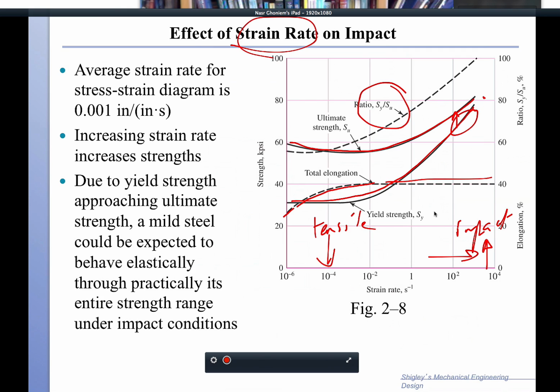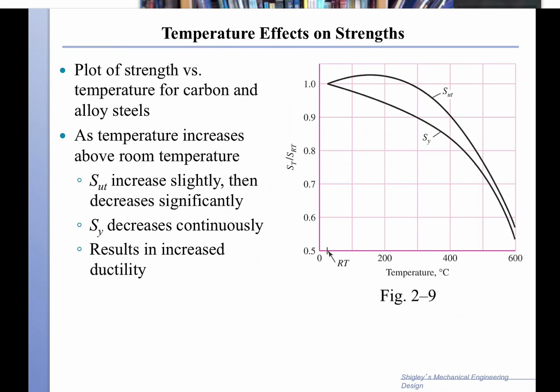Let's look next at the dependence of the strength on the temperature, and we see that the material softens. So it softens like this. This yield decreases as a function of temperature. This is room temperature here. And the ultimate increases slightly, and then it decreases again as a function of temperature.